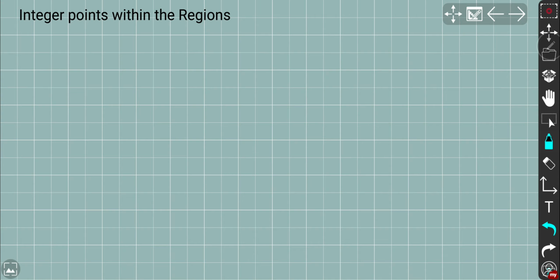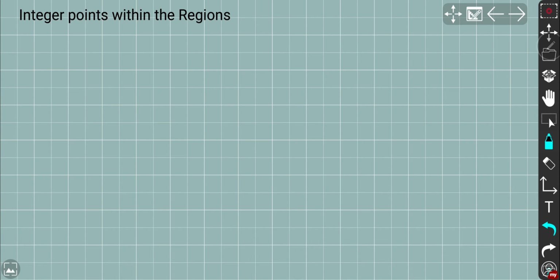So let's say you have a triangle or a quadrilateral as a region, but there are infinitely many solutions in terms of points. In this case, you're asked only about points which have integer coordinates. Those points are called integer points.